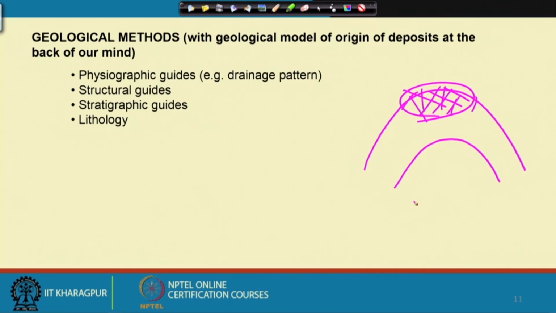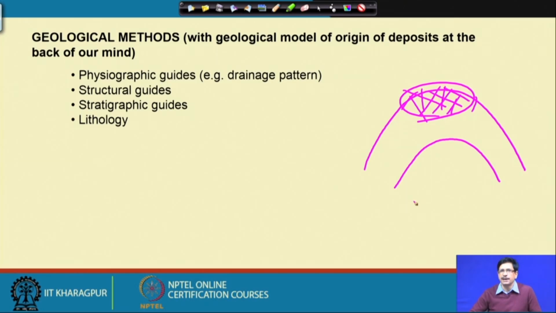So, folding in a particular geological terrain will definitely act as an important structural guide.